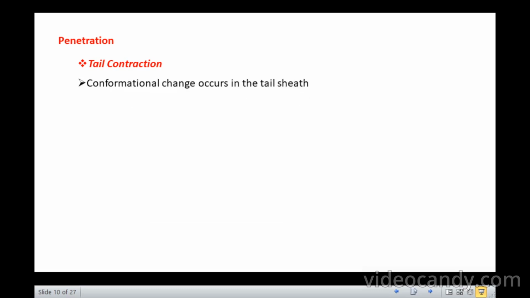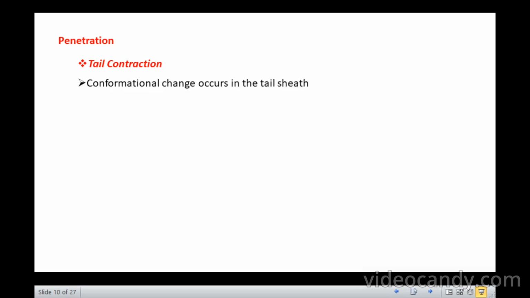The next stage is penetration. This involves 2 stages. The first is tail contraction. Once the attachment becomes irreversible, a conformational change occurs in the tail sheath.